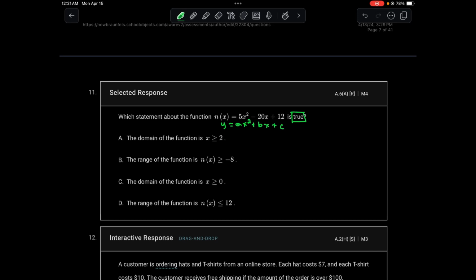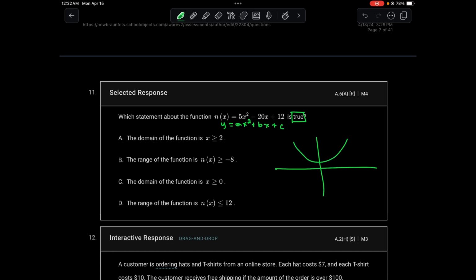Let's go over those statements real quick to see what to expect. The domain of the function is that. I know that this is wrong because the domain of a quadratic is always all real numbers. There are no exceptions unless they restrict it and tell you to go only from here to there. Then the domain is restricted.